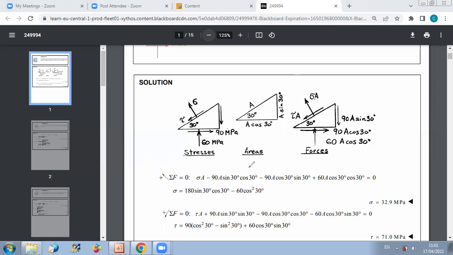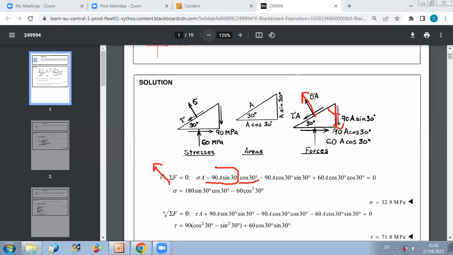Okay? So let us start first by projecting on this direction. As we can see, you have plus sigma A. For this force, it has a downward projection on this direction, and the angle here is 60. So either you do cosine 60, or you do sine 30. So here for this force, it's minus 90A sine 30, which is the value of the force, times cosine 30.